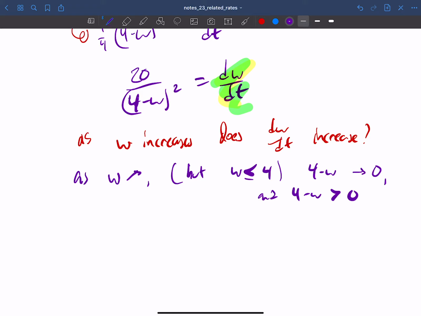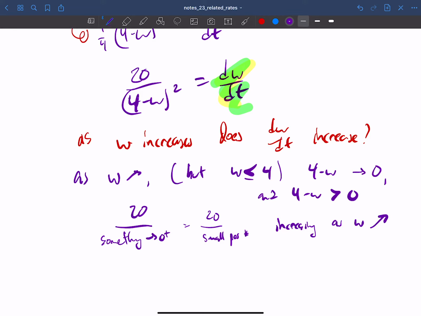So that means we're having 20 over something going to 0 from the positive side. So I have 20 over a small positive number, and that is increasing as w is increasing.